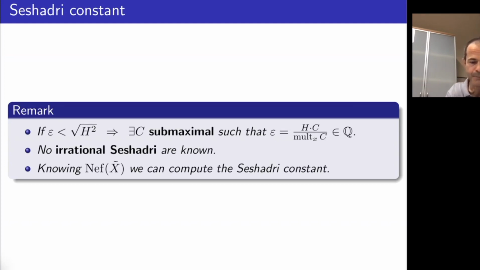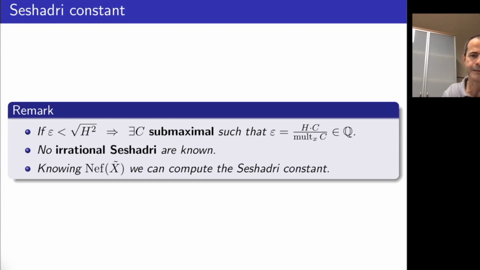By definition, we expect the Seshadri constant to be a real number, because it is like a limit of rational numbers. But so far, there are no known examples of irrational Seshadri constants.